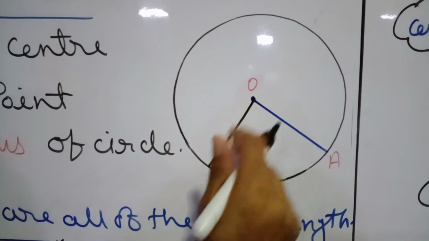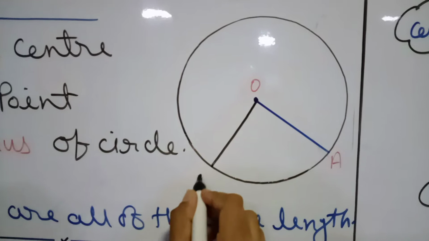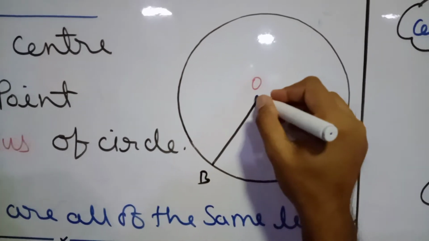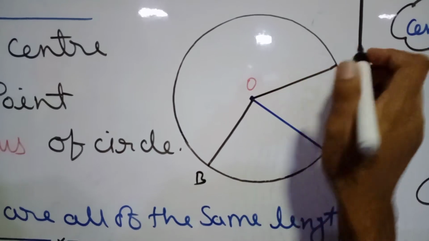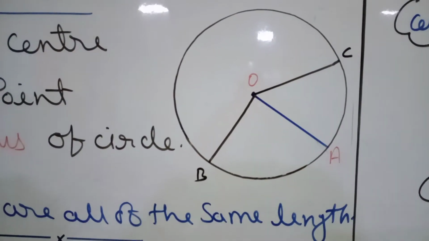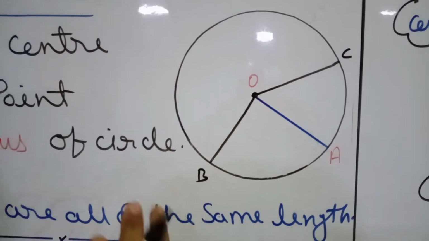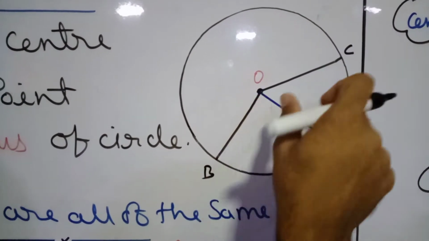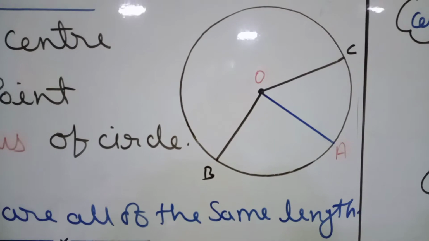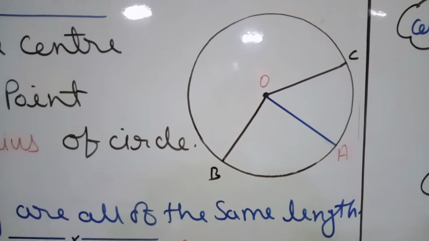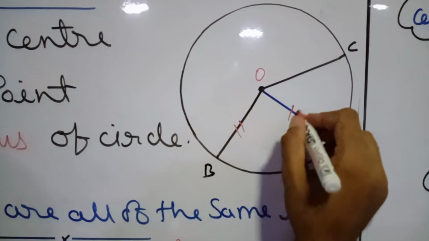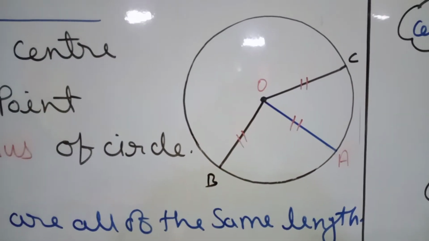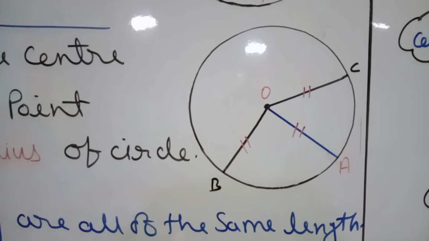If I join the center of the circle to this point B, OB is also a radius. If I join O to C, OC is also a radius of the circle. And the note we learn: the length of all the radii of a circle are equal, meaning each and every radius of the same circle has equal length.